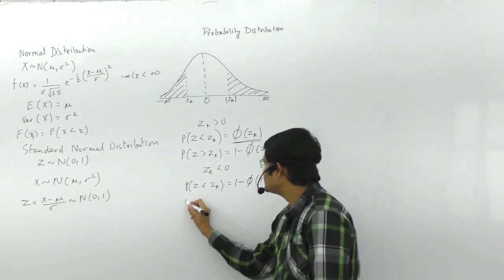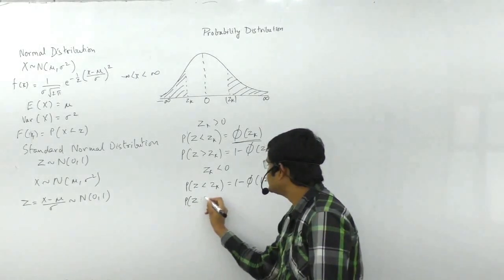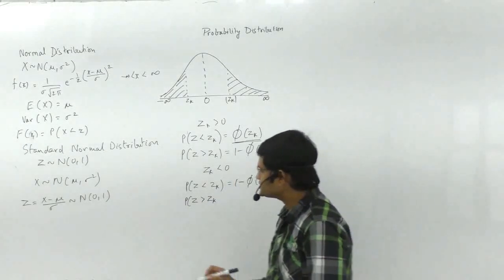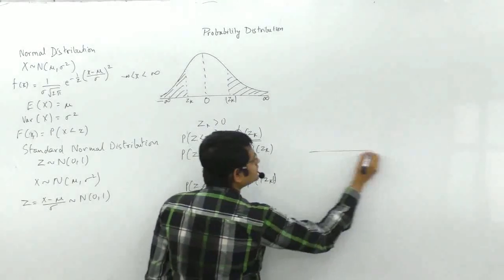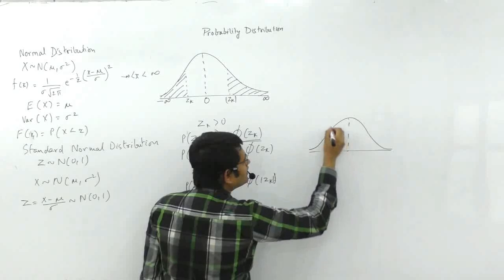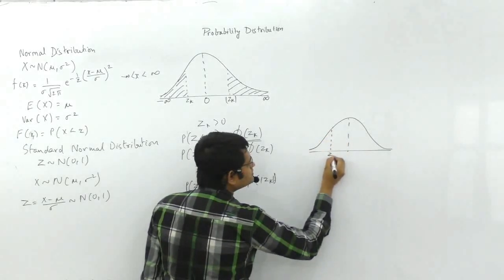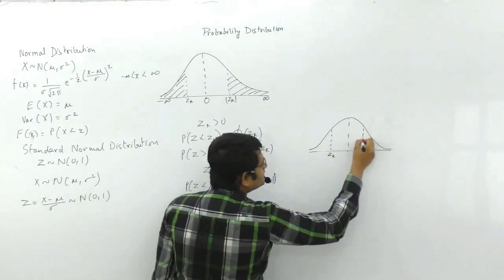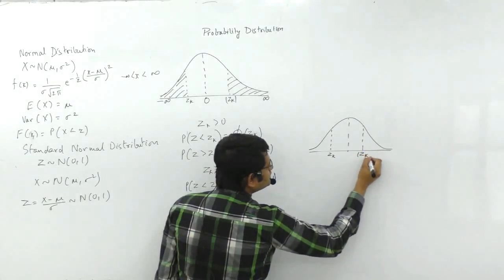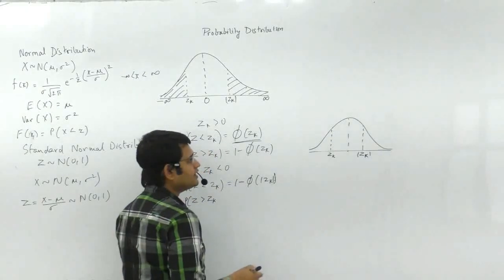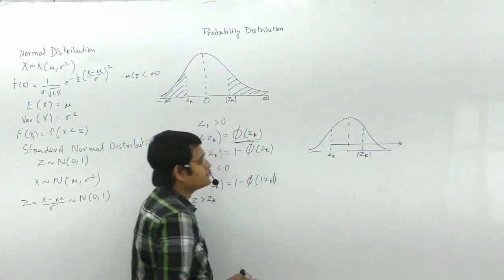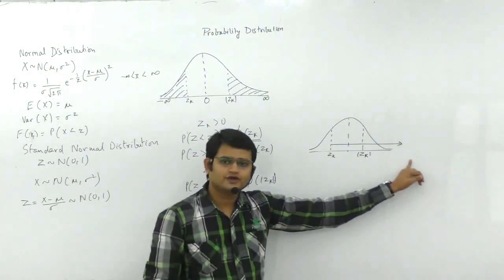And similarly, finding the probability z greater than zk. For this, I'll draw another graph here. Again, if I have zk here and mod zk, a positive value, here, then I need to find basically the probability from zk to plus infinity.